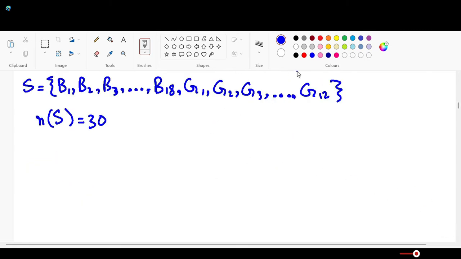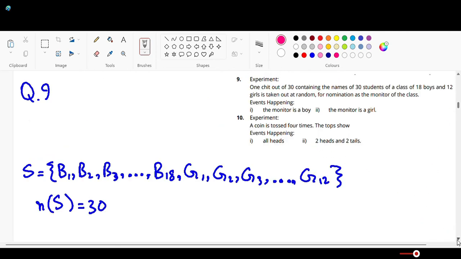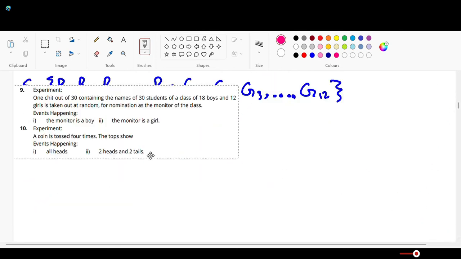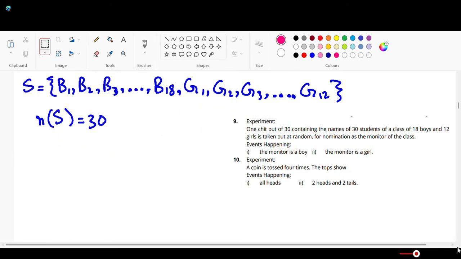Now, in the first case, we'll choose a different color. What's the first case? The first case is the boy is the monitor, or the monitor is a boy, in other words, whatever way you want to call it.